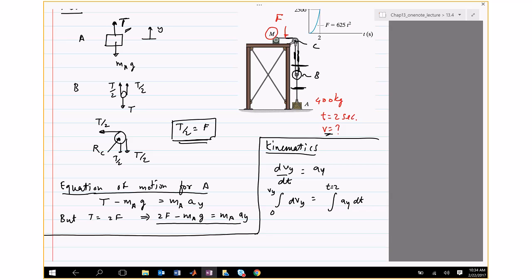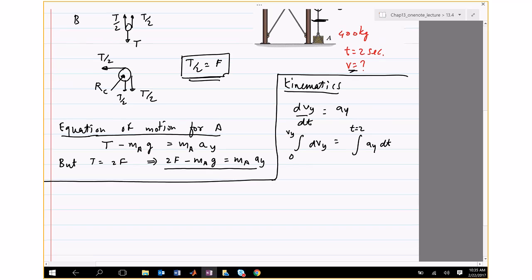So this particular block will not start moving up till 2F equals m_A g. The block will move up when 2F becomes equal to m_A g.